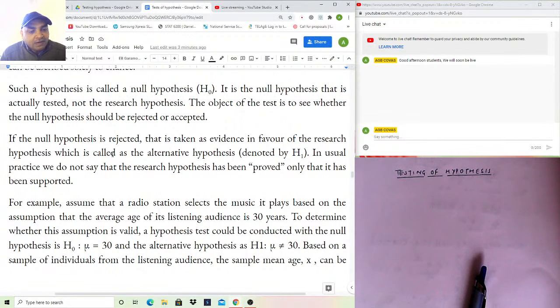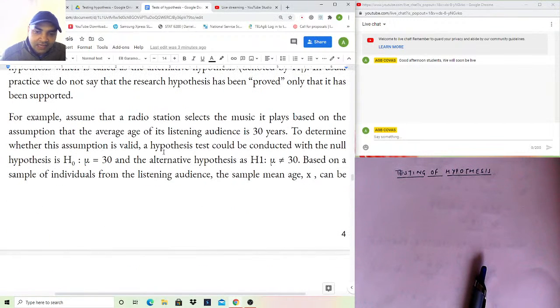For example, assume that a radio station selects the music it plays based on the assumption that the average age of its listening audience is 30 years. To determine whether this assumption is valid, a hypothesis test would be conducted with the null hypothesis that the population mean is equal to 30.